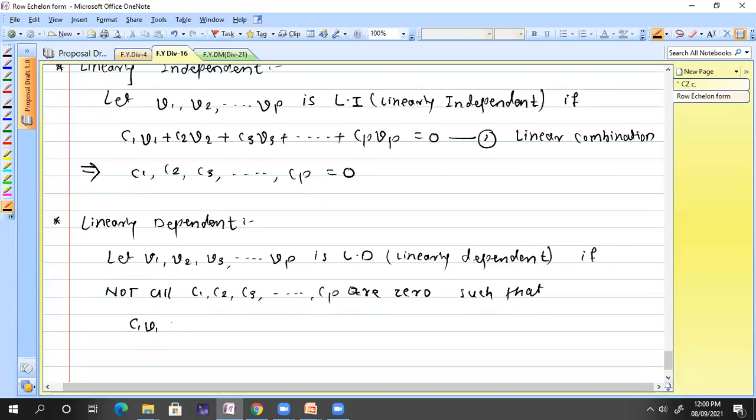C1 V1 plus C2 V2 plus C3 V3 plus dot Cp Vp is equal to 0.